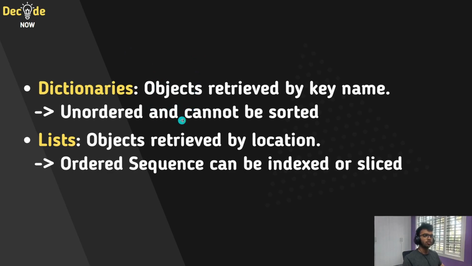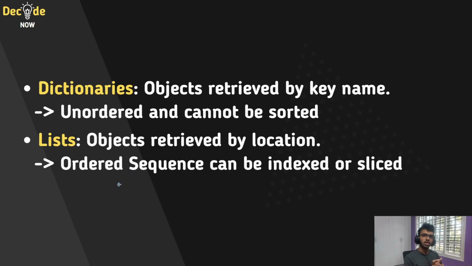Instead of knowing the index location of each item, or iterating through a list containing thousands of items, it's better to retrieve it by key name. You just say I want the price of so and so item, and you immediately get the price using dictionaries. You should go with a list when you want to retrieve the item based on the index location.